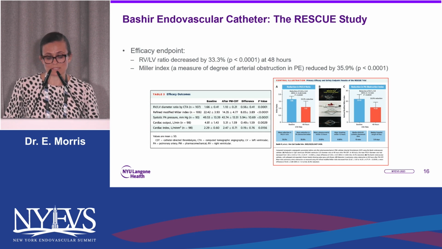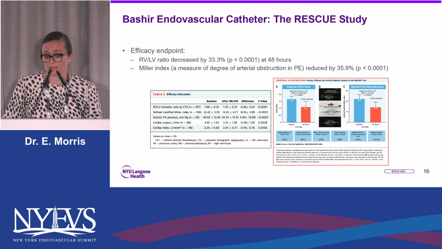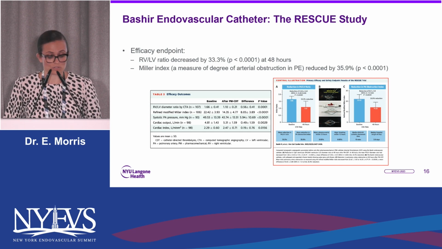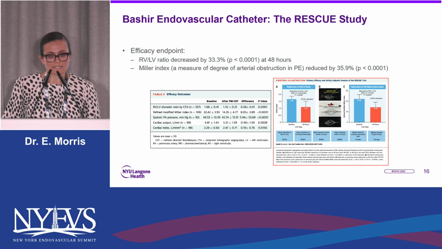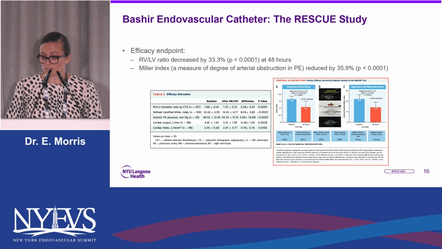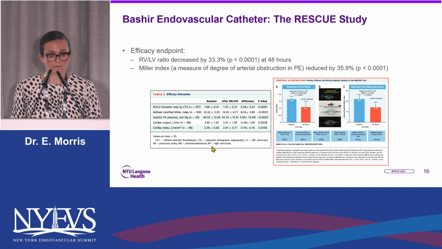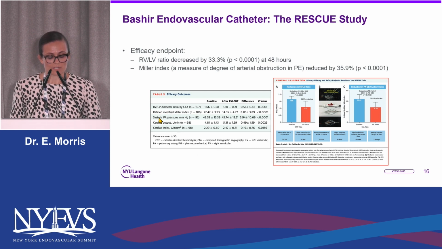So what we learned from this study is that there is a significant decrease in the RV-LV ratio by a third at 48 hours, which is substantial. The Miller Index, which is a very complex calculation done by CT, assessing the degree of arterial obstruction in PE patients, was similarly reduced by about a third in these patients. You'll see here the efficacy outcomes, the RV-LV ratio I mentioned, the Miller Index.